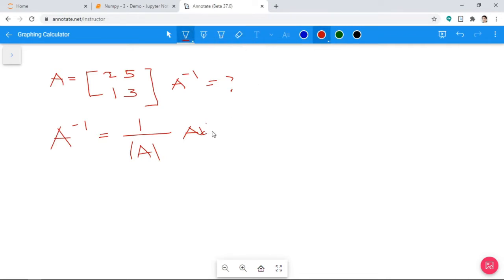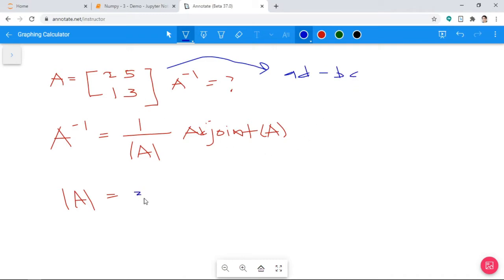So this will be the adjoint of A. What will be our determinant first? To compute the determinant, you know the computation for a 2 by 2 matrix. This one is AD minus BC.